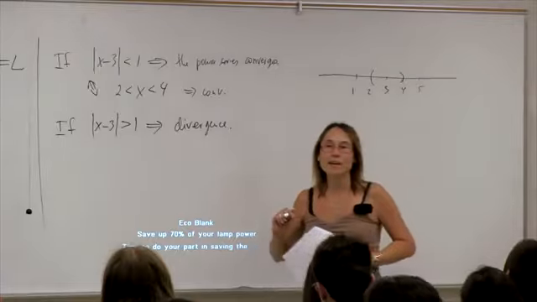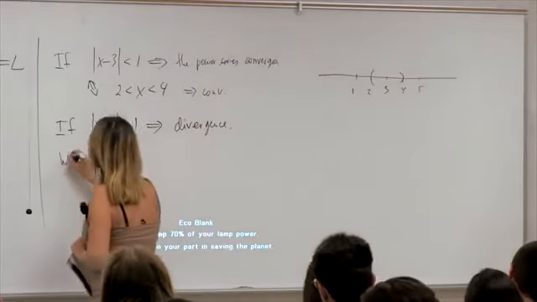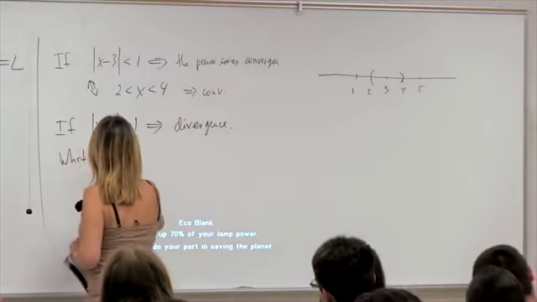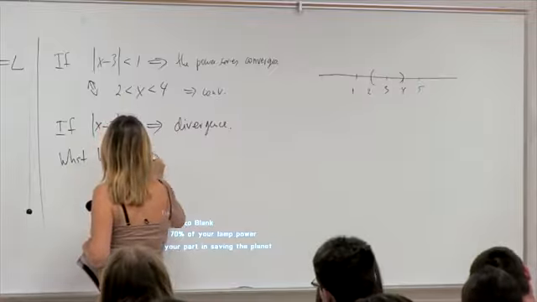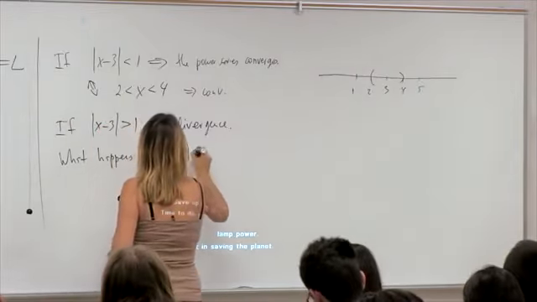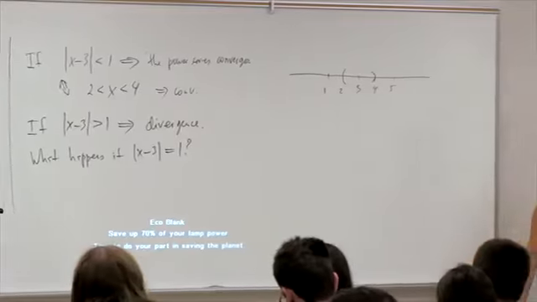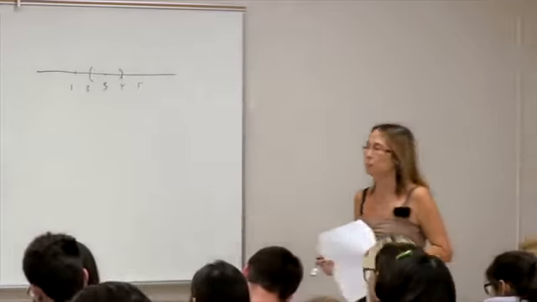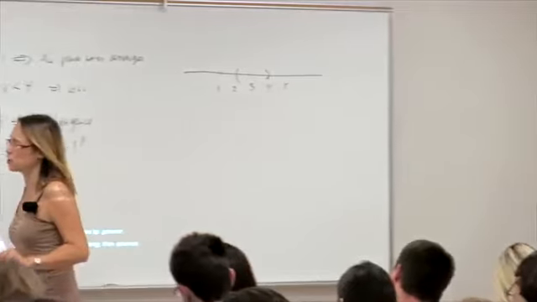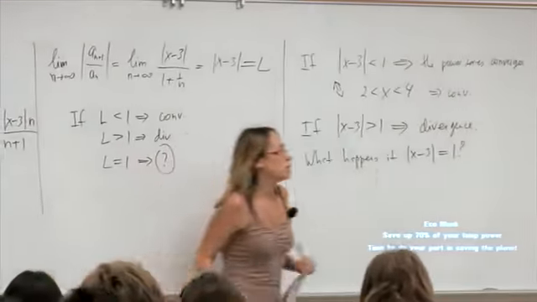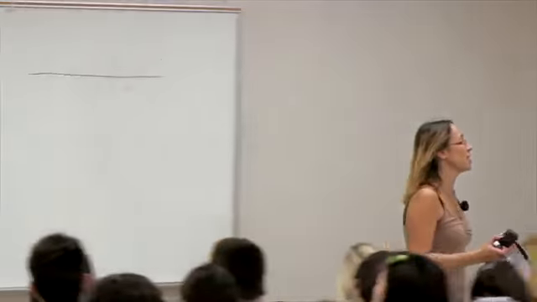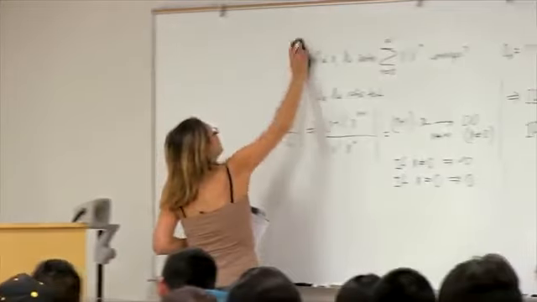The only remaining question is, what happens if the absolute value of x minus 3 is equal to 1? Right? This is where the ratio test is powerless. We don't know. We have to check it in a different way. And this is usually pretty easy. So we're going to do it by hand.